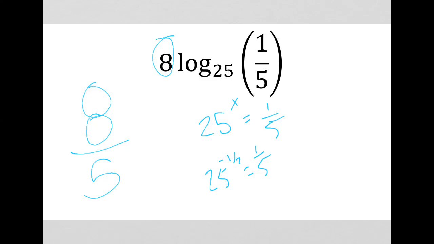And I'm sorry, but I'm making mistakes again because I wrote 1/5, but my answer should have been 1/2. So that shouldn't be 8 divided by 5. That should be 8 times negative 1/2. So 8 divided by negative 2. And 8 divided by 2 is 4, so 8 divided by negative 2 is negative 4. My bad, y'all.